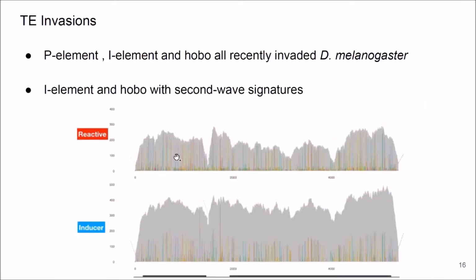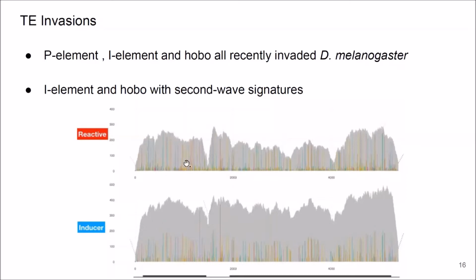If you look at the same scenario, but instead of the P element you look at the I element, you can see that both strains, the one that has no defense and the one that has the defense, have copies of the I element present. So the genomic reads map. But what you can see is that there seem to be two different types in the inducer strain, where some look very similar to the reactive strain.